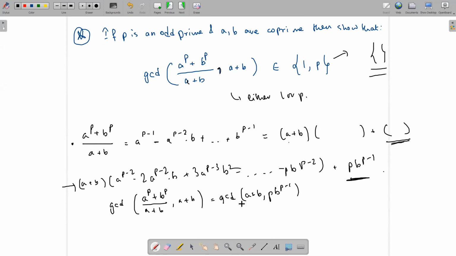Now, what can you say about this? a and b were co-prime, right? So a plus b and b to the power of p minus 1 are co-prime, right? So the GCD can either be p or 1, right?